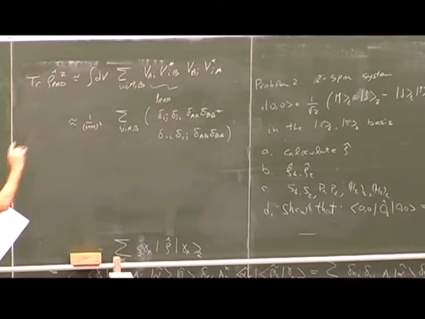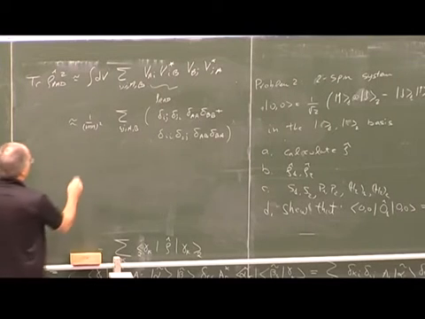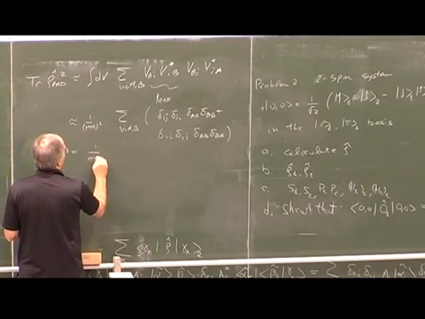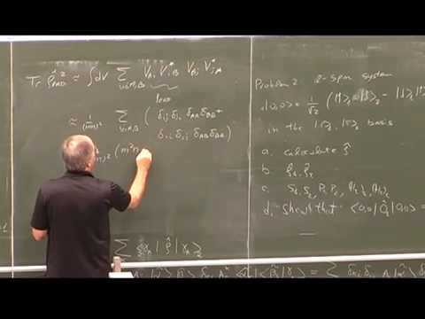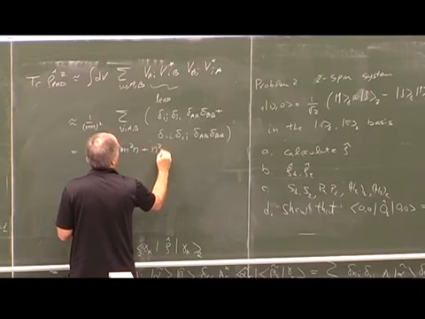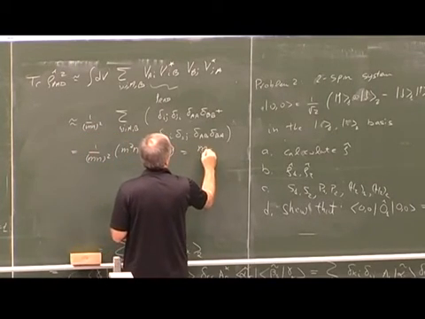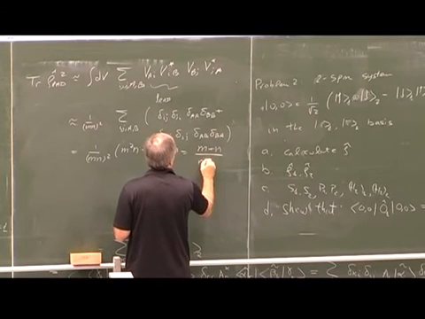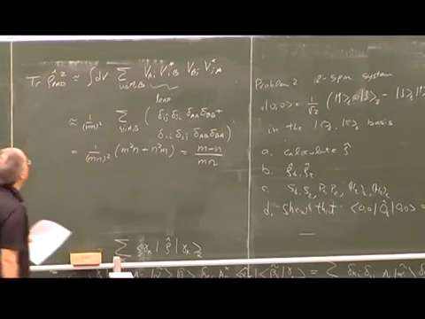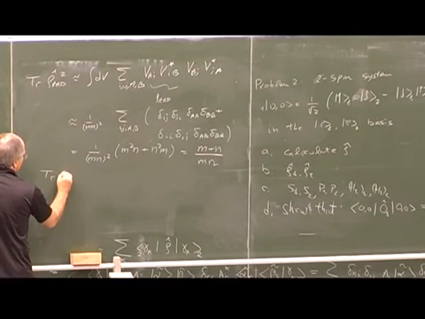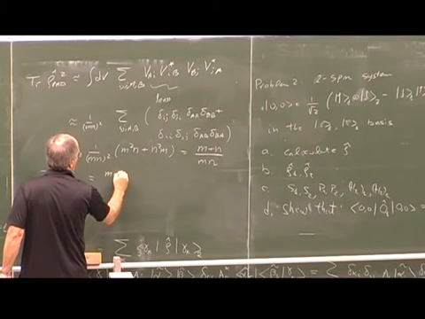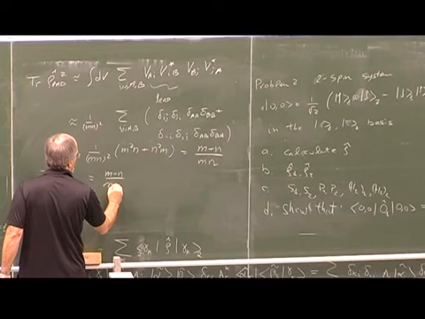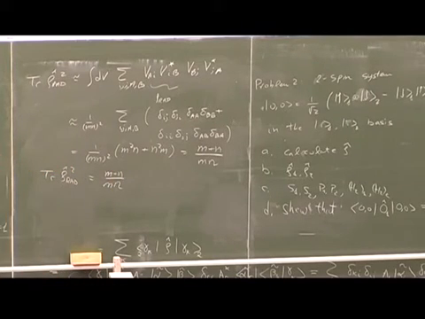Think about it as contractions between the vectors. So this is equal to 1 over (MN) squared times (M squared N plus N squared M). So it is equal to (M plus N) divided by MN. Very simple result.